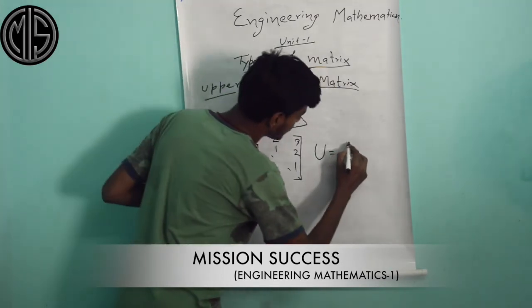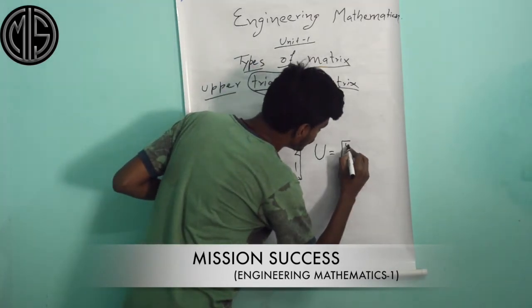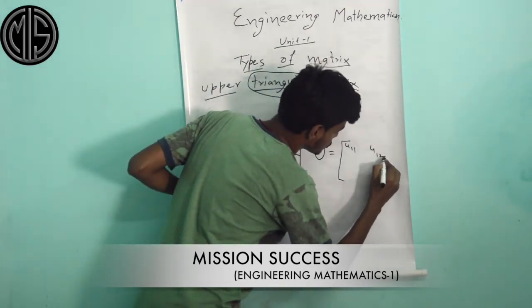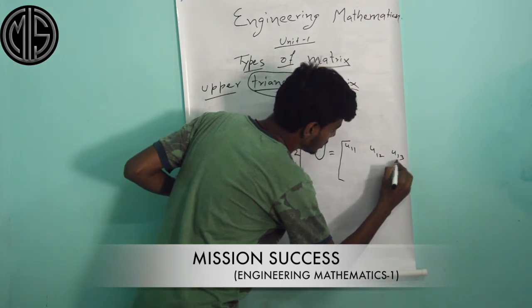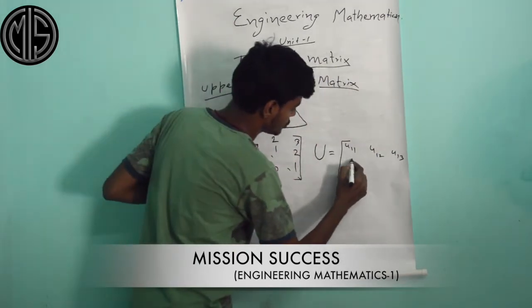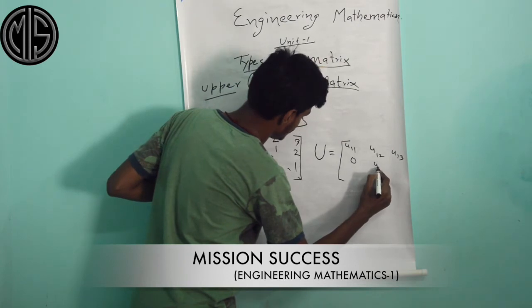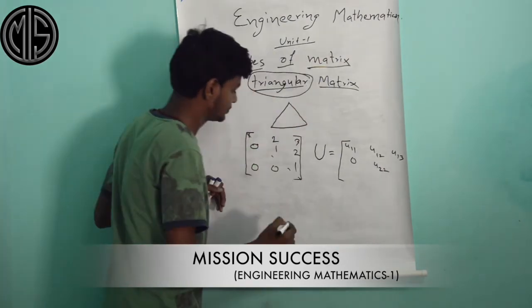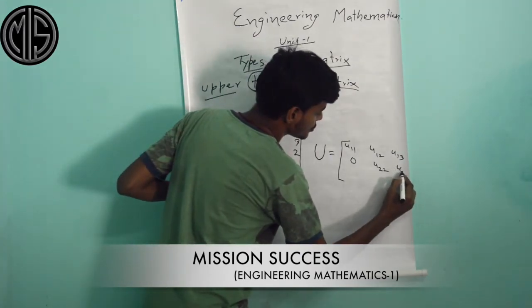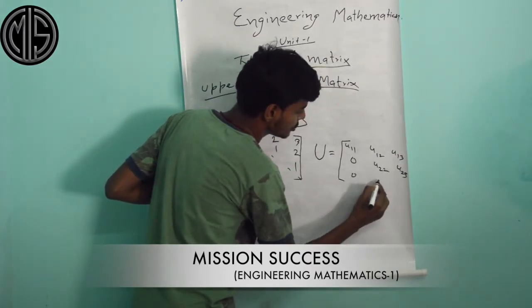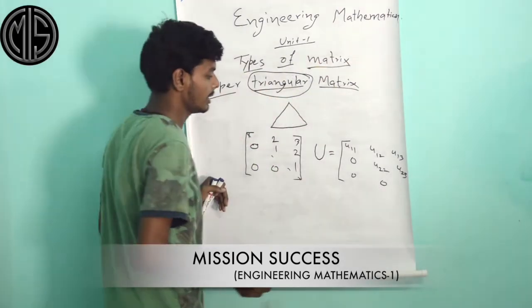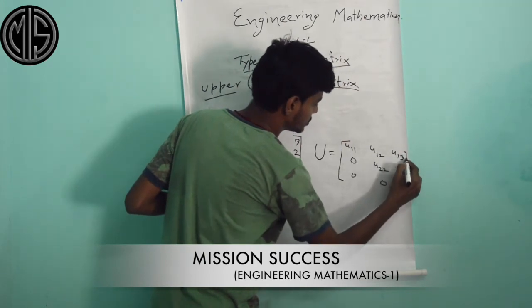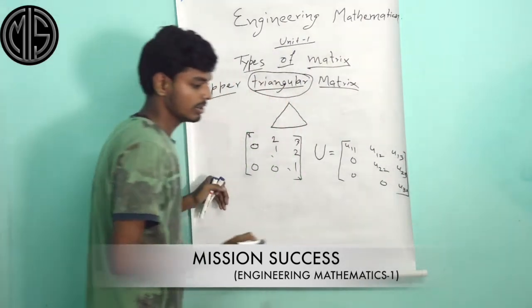U is equal to U11, U12, U13, 0, U22, U23, 0, 0, and here U33. It is called an upper triangular matrix.